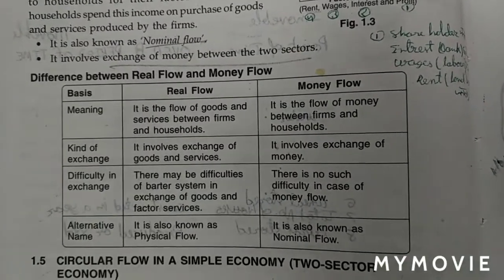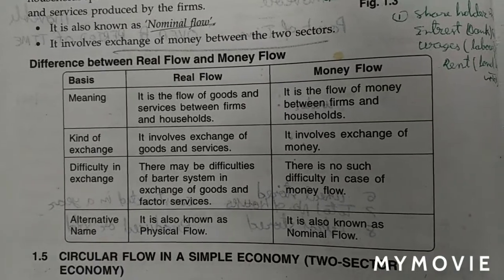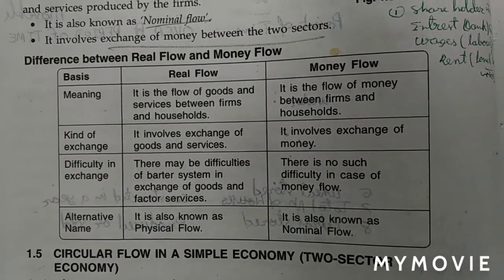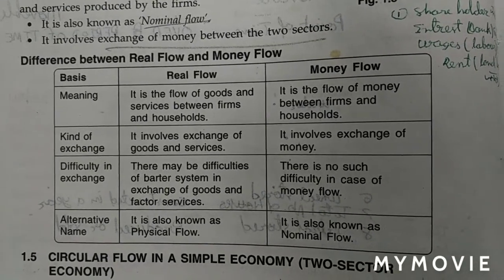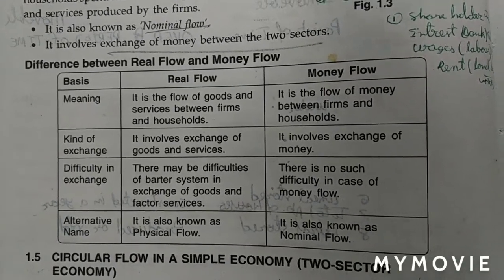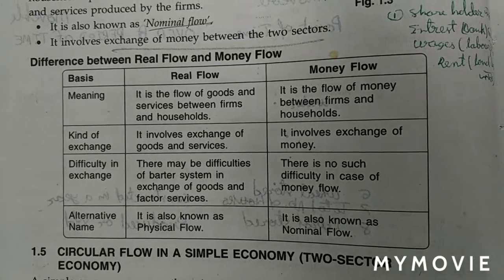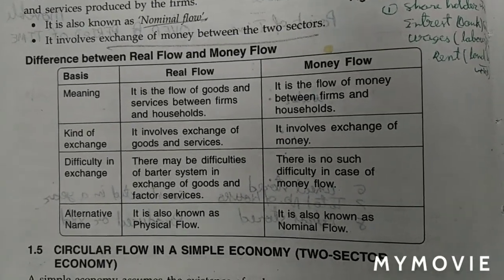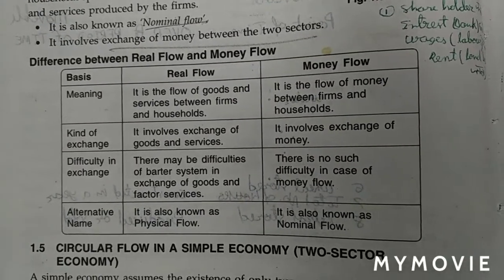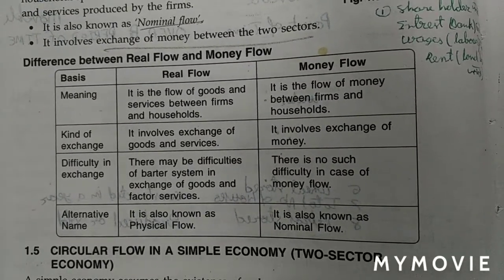Now a very important question arises: difference between real flow and money flow. As a 12th class student, you must always remember that we have to write differences with a basis, like meaning, kind of exchange, difficulty in exchange, and alternative name.